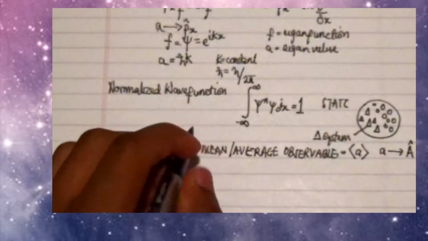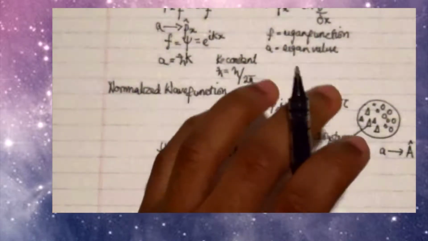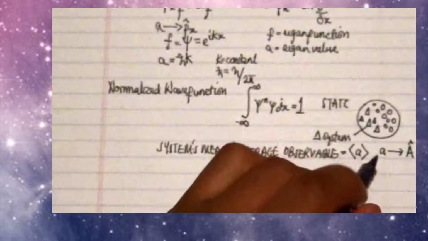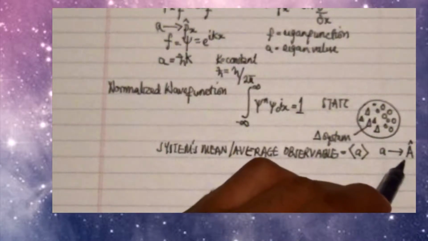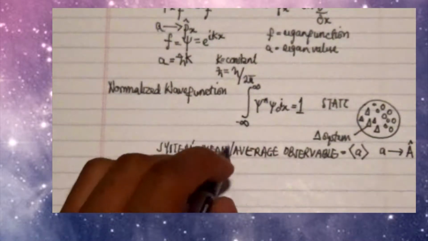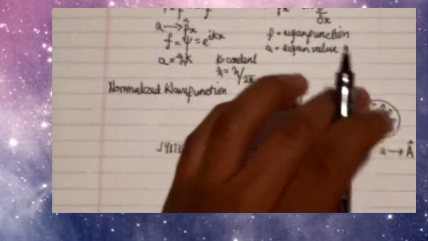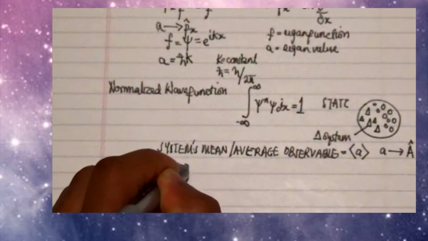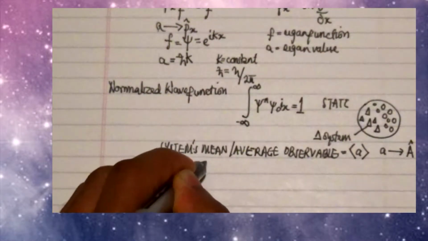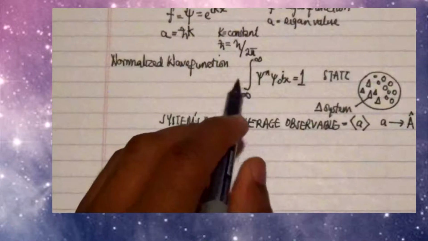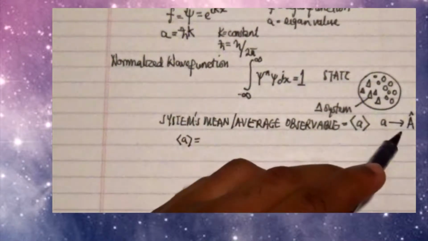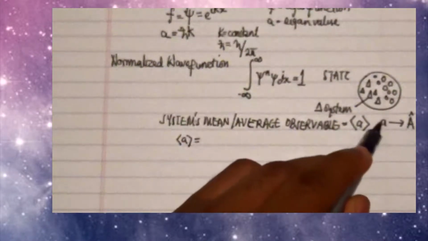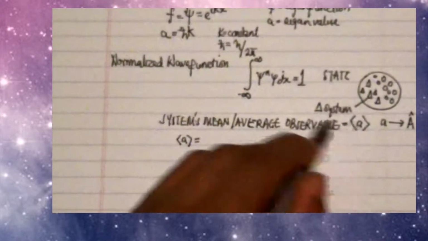Once we correspond our average observable A to our operator, we can express our mean observable in this particular formula by combining our normalized wave function with our operator, which corresponds to our observable, small a.